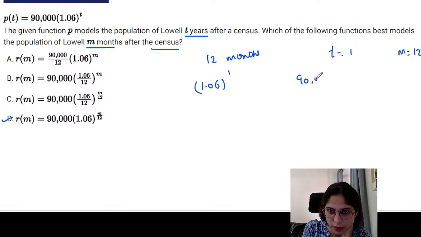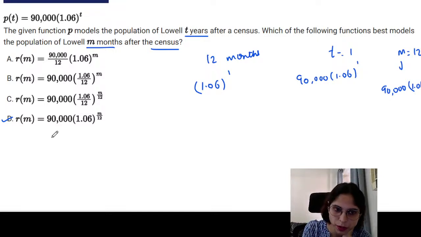But your answer should be exactly the same. So this is 90,000 times 1.06 to the power 1. Here you should get 90,000 times 1.06 to the power M over 12. So 12 over 12 is 1.